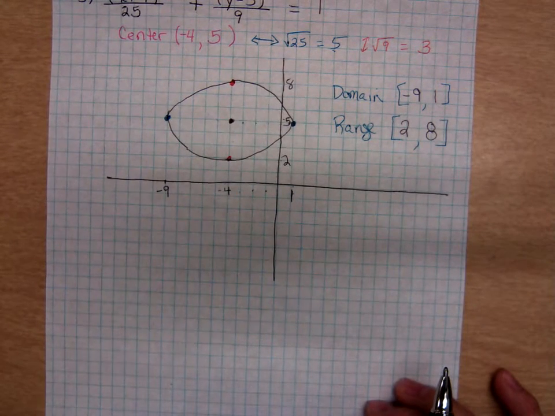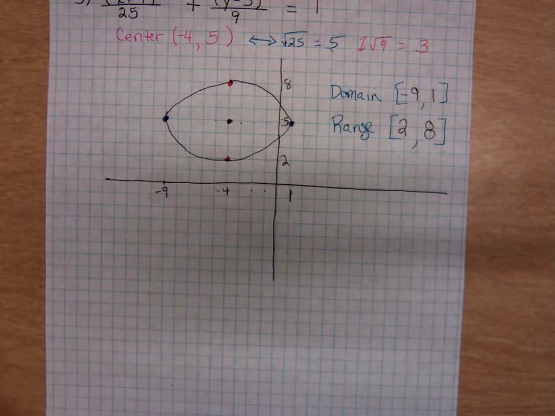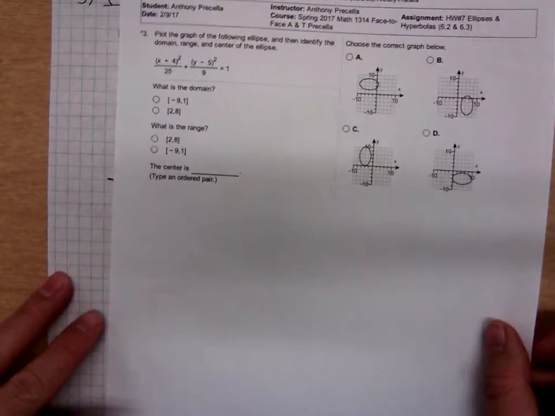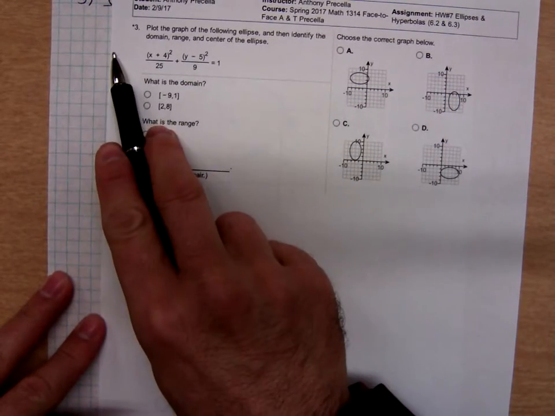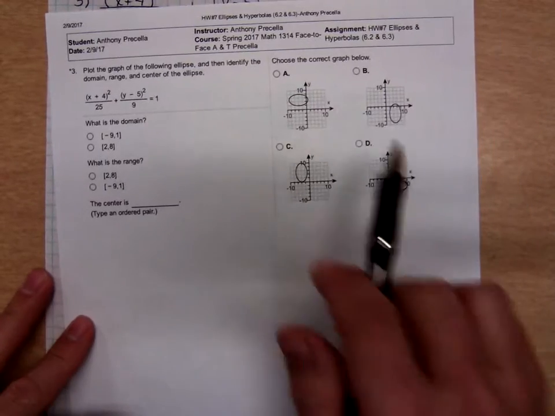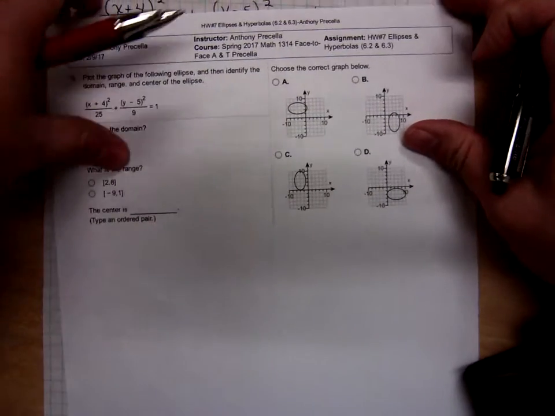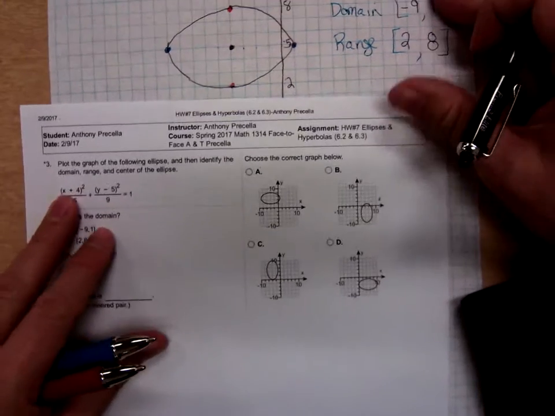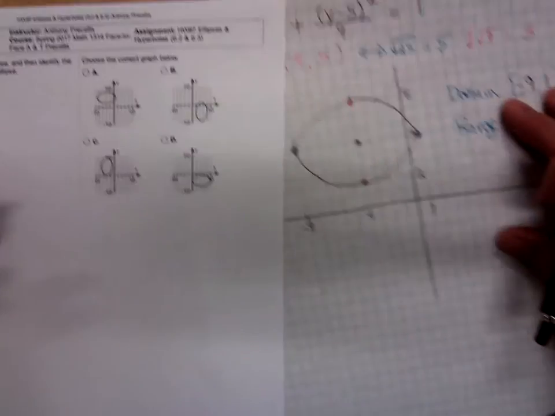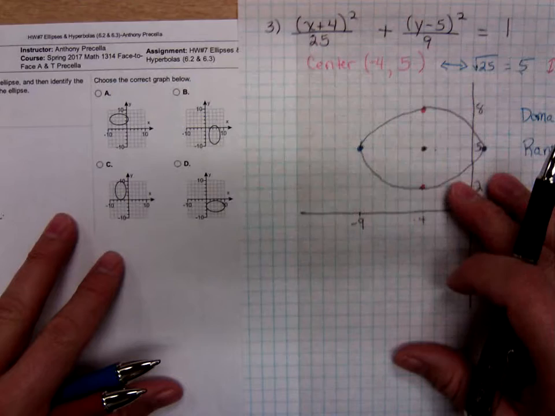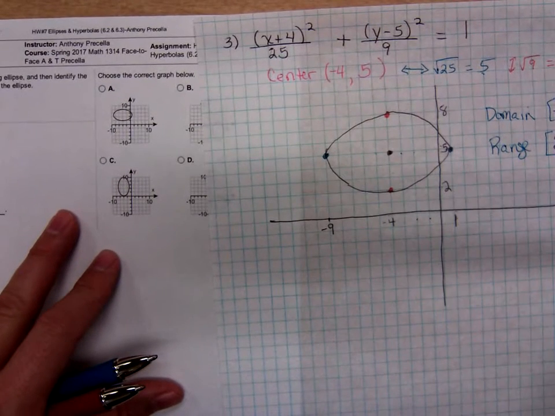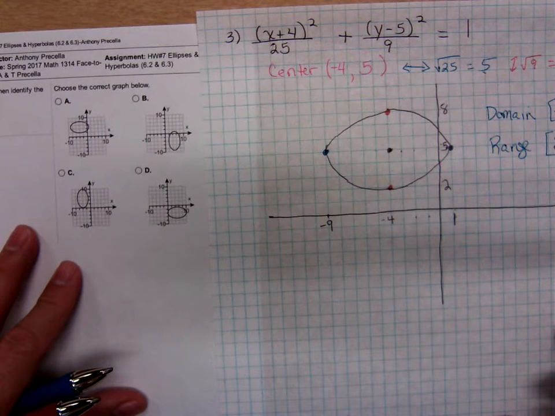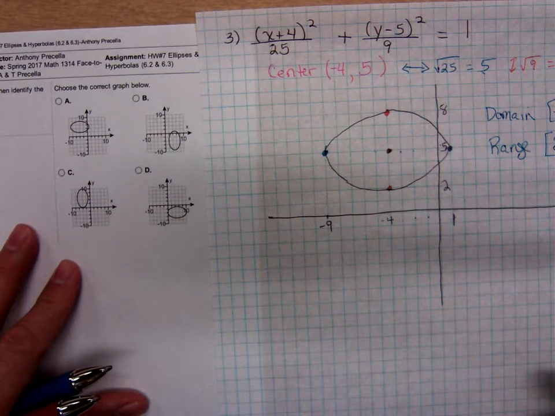So this is how your homework will look. I don't know how many of you print this stuff out on paper before you do it, but if you do, here's the problem. It's going to make you choose the graph. This one in particular, it's a horizontal one, not a vertical one, and it's in the upper left quadrant.